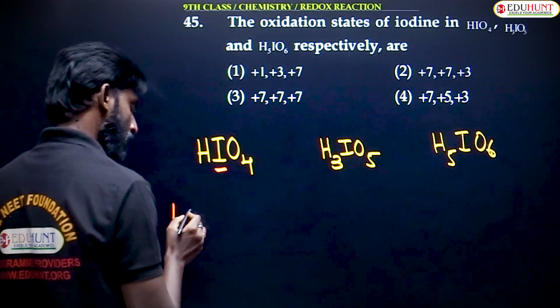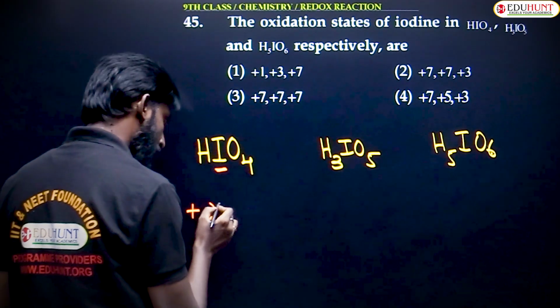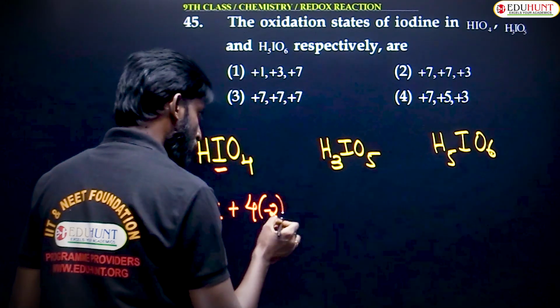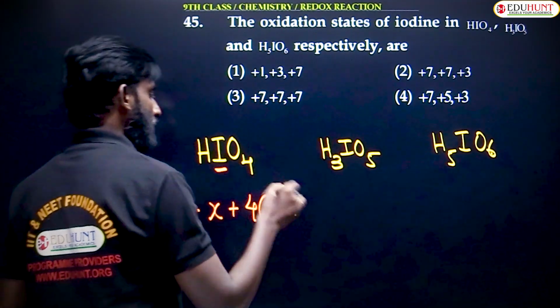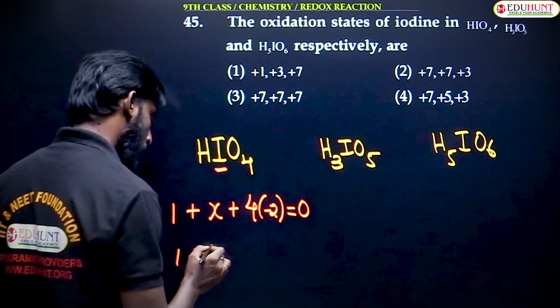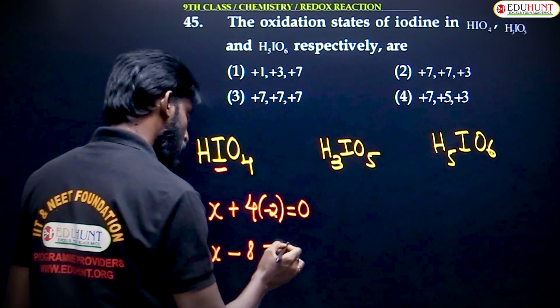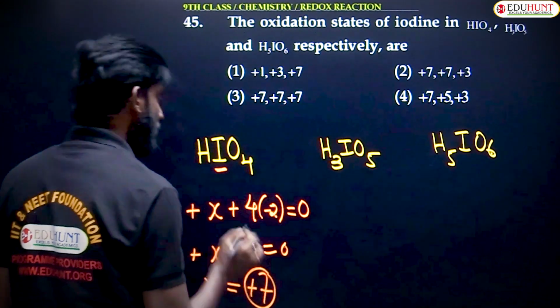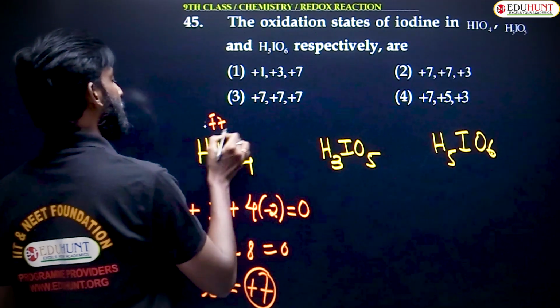For hydrogen 1 plus iodine, let us say X, plus 4 into each oxygen minus 2 is equal to the charge. The charge is 0. So 1 plus X minus 8 is equal to 0. Now X comes out to be plus 7 here, right? Here iodine is in plus 7 state.